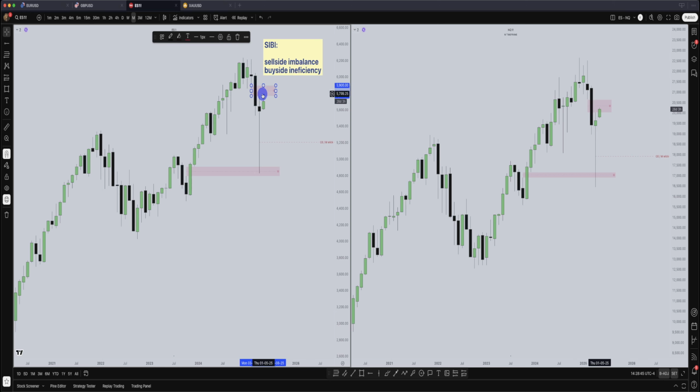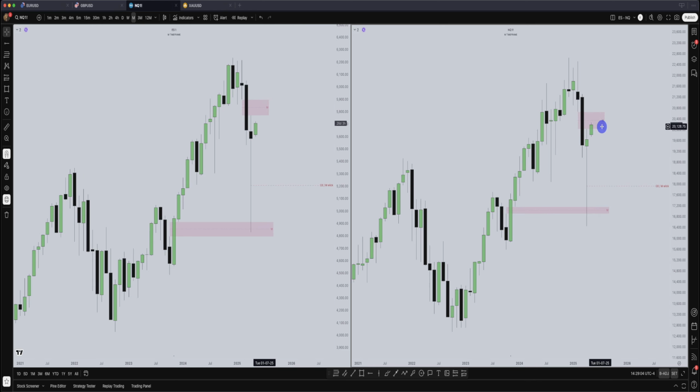But basically it's a fair value gap. Price still didn't visit this area, so it's very important to have it in mind. Here price indeed visited the monthly fair value gap.